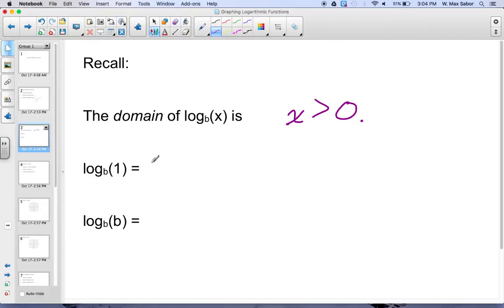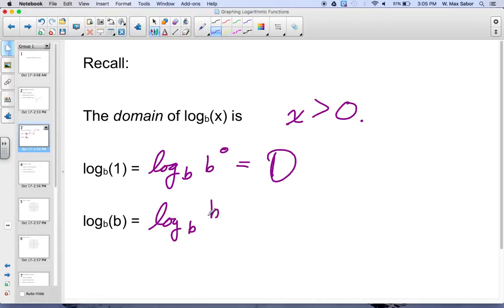Log base b of 1 is the same thing as log base b of b to the 0th, because b to the 0th is 1, so this is 0. Also, log base b of b is log base b of b to the first, which is 1. So when we plug in 1, we get out 0, and when we plug in b, we get out 1.